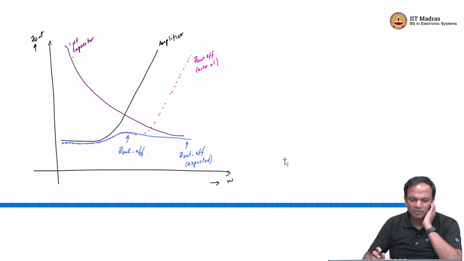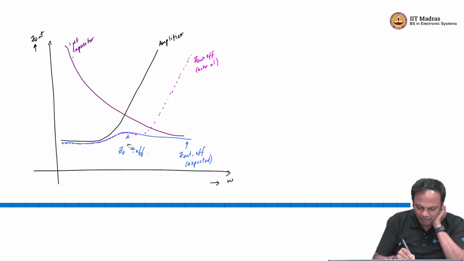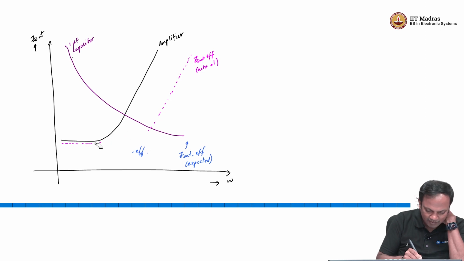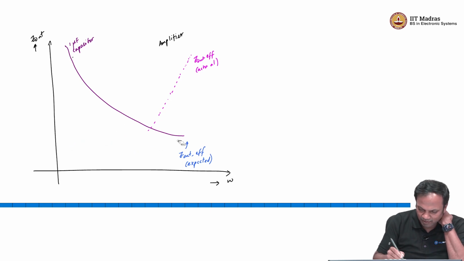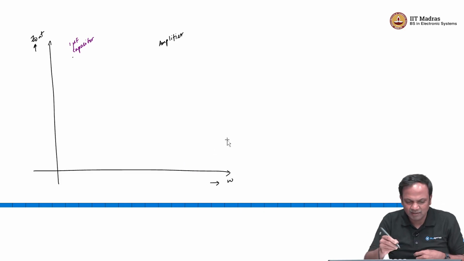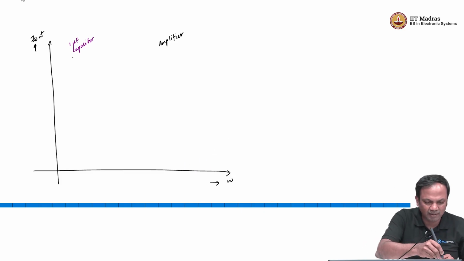When we have the 1 microfarad capacitor, we have to accept the self-resonant frequency of the 1 microfarad capacitor. Can we think about using a smaller capacitor?